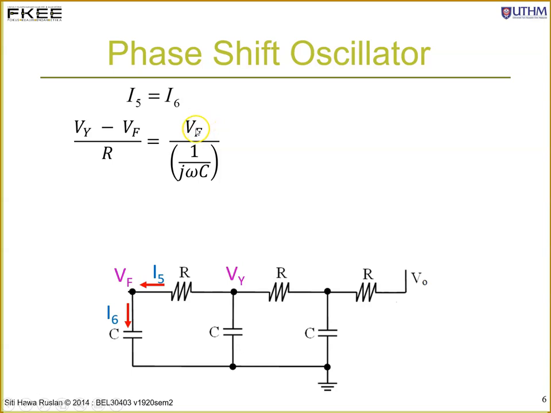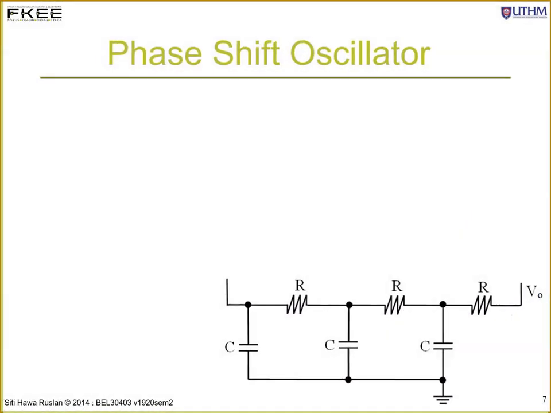Actually, Vf minus 0, so I just ignore 0. Vf divided by 1 over j omega C. Simplify the equation, bring j omega C on top of the equation, cross multiply with the R. So you have Vy minus Vf equals j omega RC Vf. Simplified, you have Vy equals 1 plus j omega RC Vf.